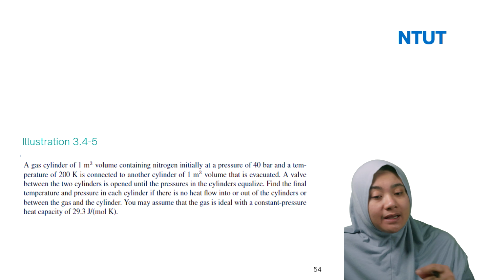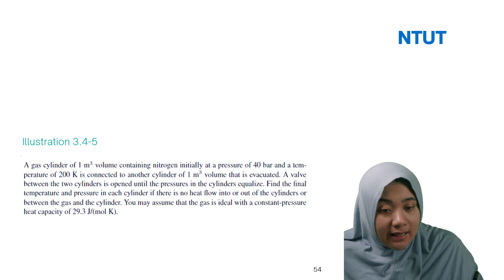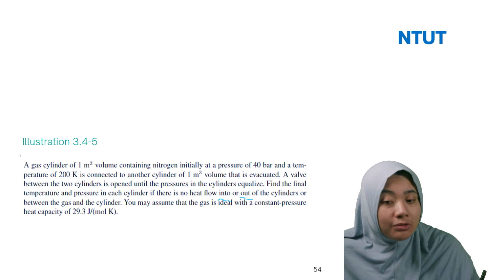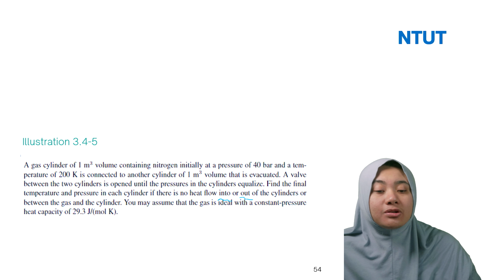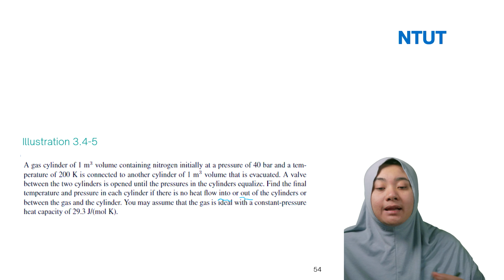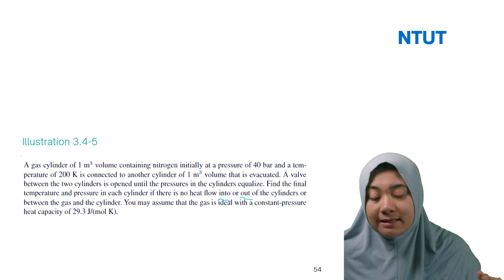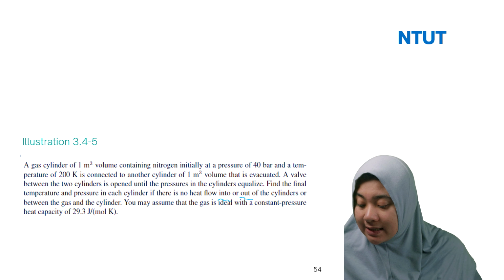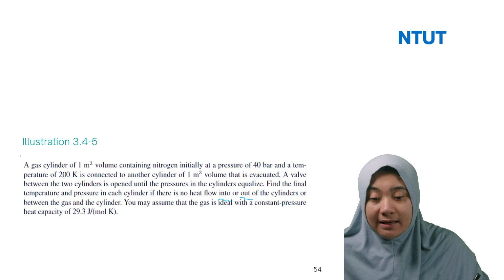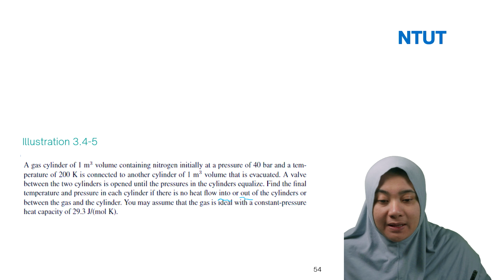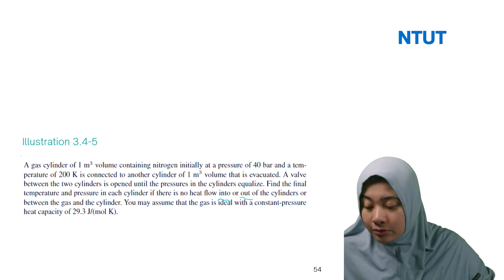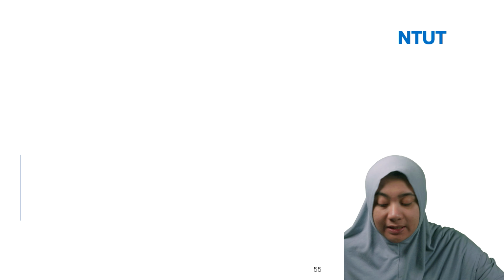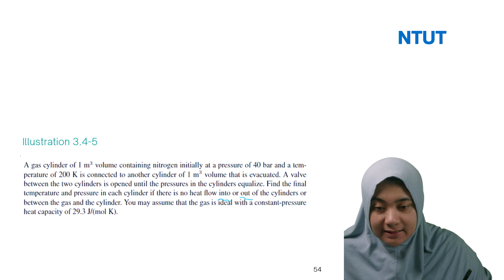And if there is no heat flow in and out, you don't have Q in this case between the gas cylinders, so you assume it to be 0. And you may assume ideal gas and constant pressure heat capacity Cp equal to 29.3. That's why I suggest to sketch. So here we can sketch, I will just take some space here.